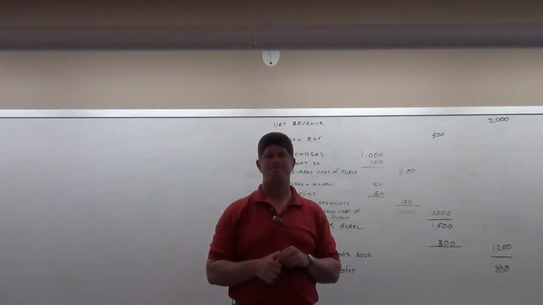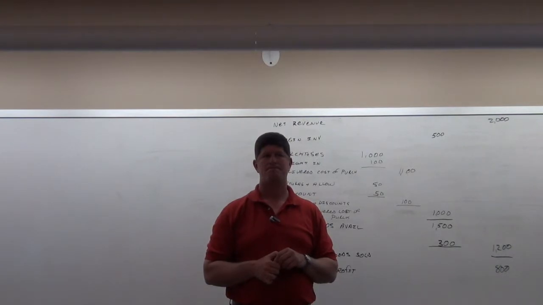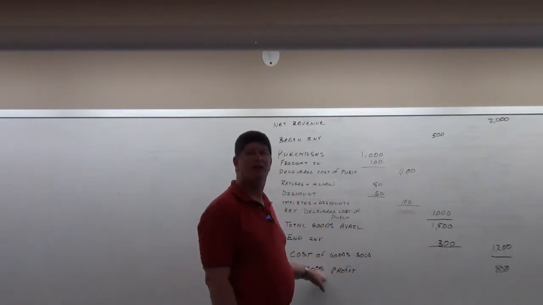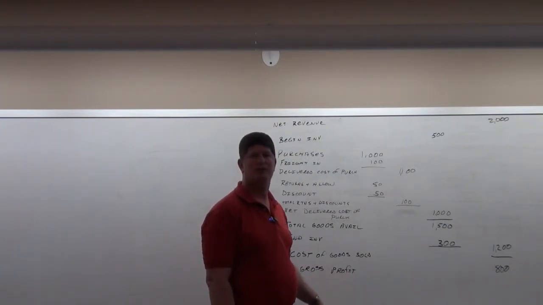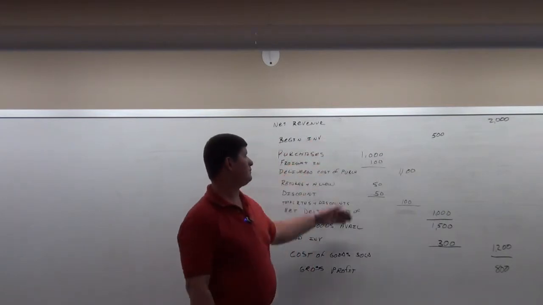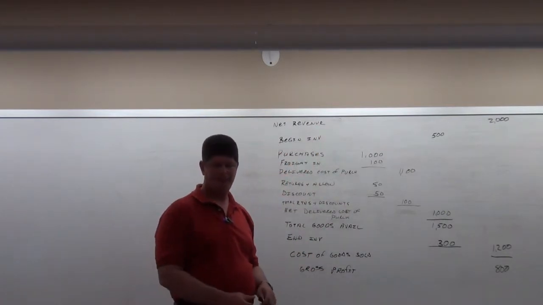Okay? So you have to make enough gross profit to cover all of your rent and your overhead, your wages and your utilities and insurance, and still leave you a profit at the bottom. So this is how your income statement is now going to be different.